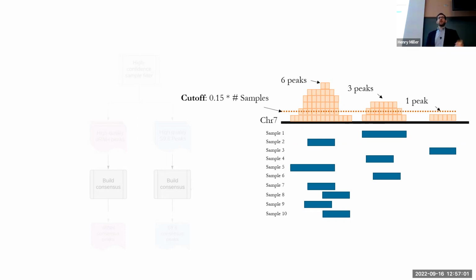Basically, for any consensus peak to get called and to be valid, it had to be supported by at least 15% of the high quality samples. And so in this case, that means we only have 2 consensus peaks from this analysis, one with a score of 6, representing the height of the mountain from which the peak was called, and one with a score of 3.